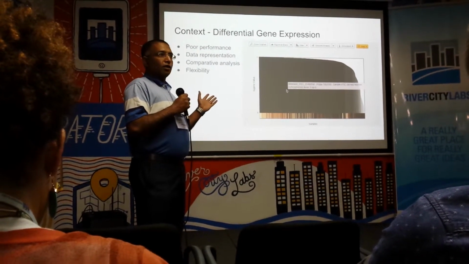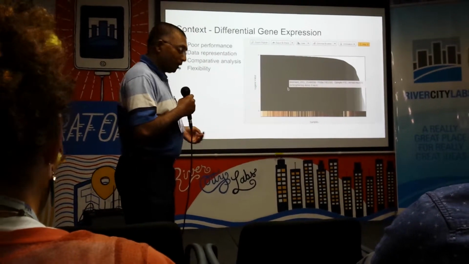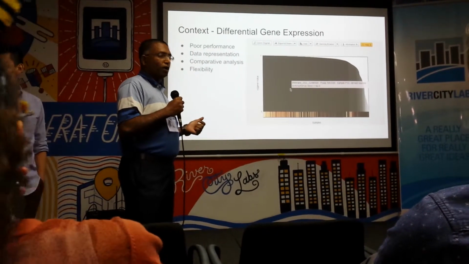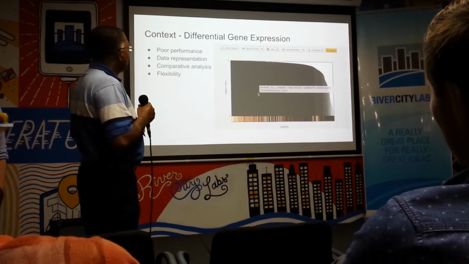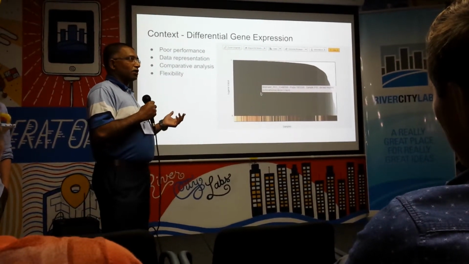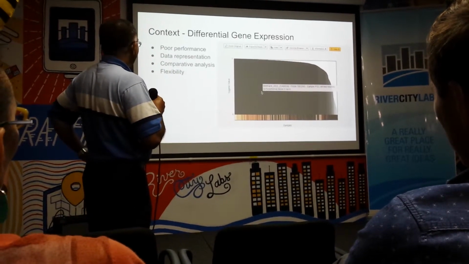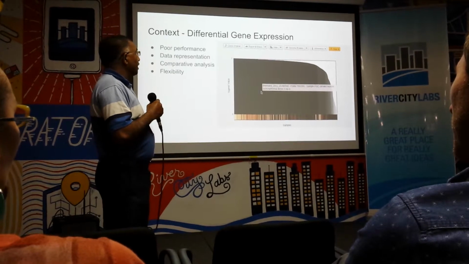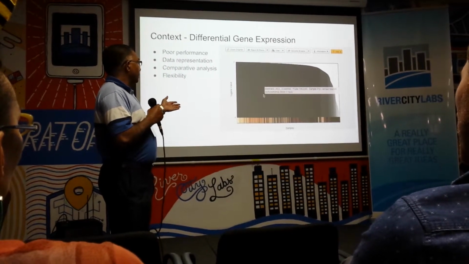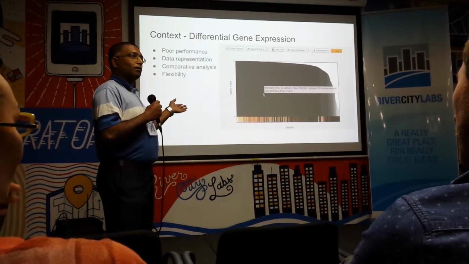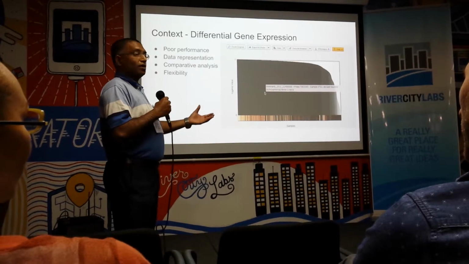Eugene is actually an R package developed right here in Australia with the UQ, and that package is a workhorse. It's good, but it did have issues with performance and data representation because of its age, and with comparative analysis, which is the current issue with lots of genomic data being produced from different microarrays and different test conditions.